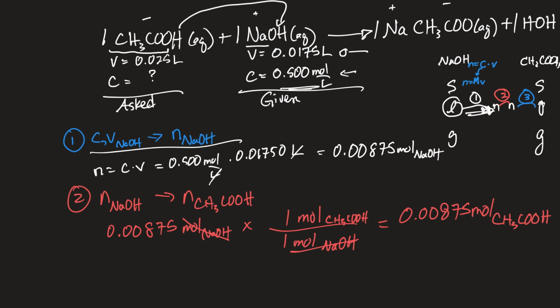Okay, step 3, the blue step, is to take the moles of acetic acid and use that and the volume that we put in the Erlenmeyer flask to figure out the concentration of the acetic acid. So I'm converting those to concentration of acetic acid.